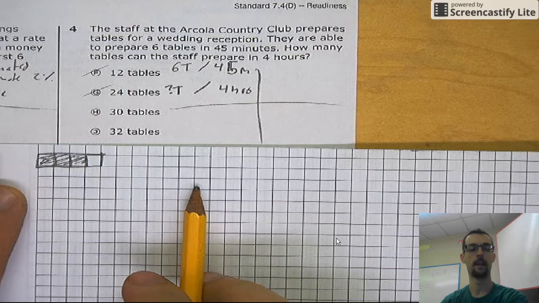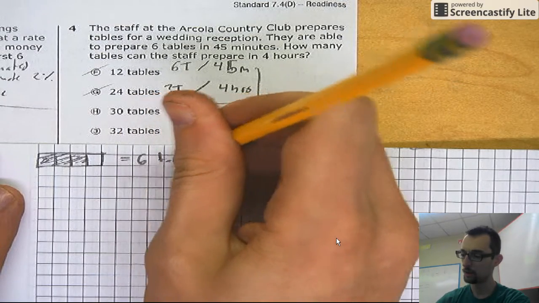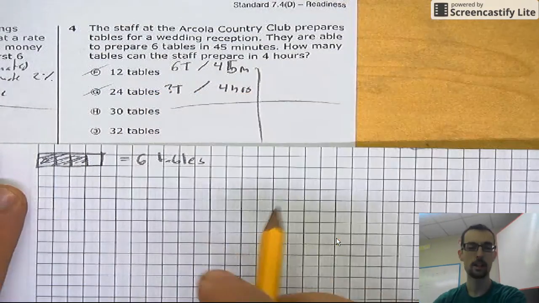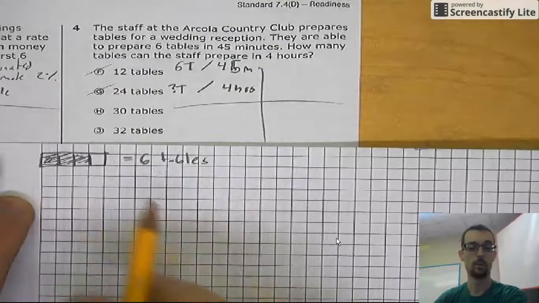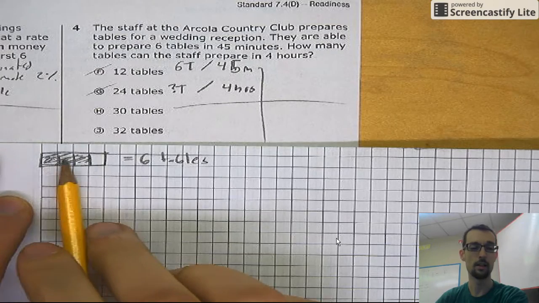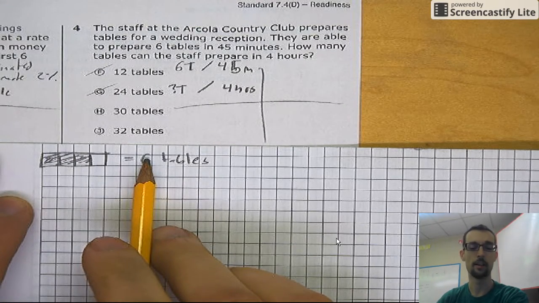And it also represents how many tables? Well, that's 6 tables. So here's a question for you. How much is each square? Well, if 3 squares are 6 tables, then I should divide.